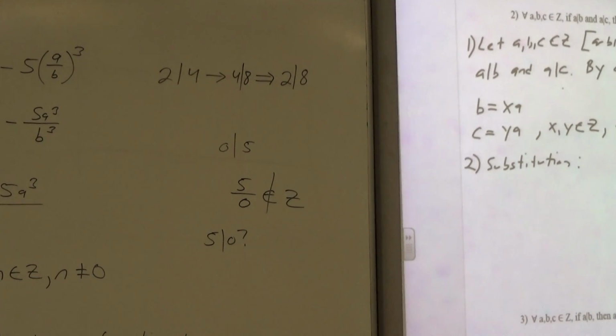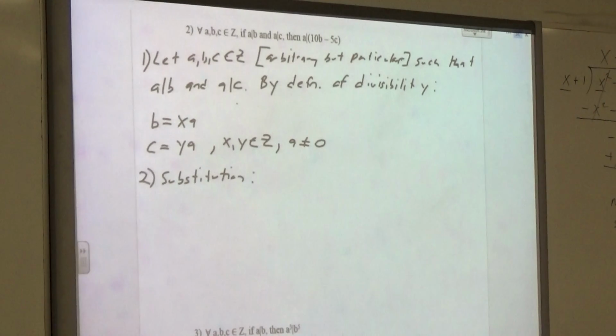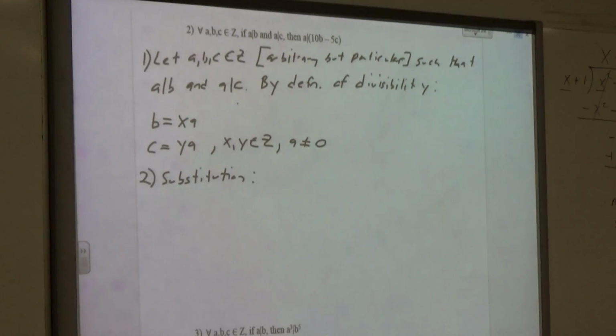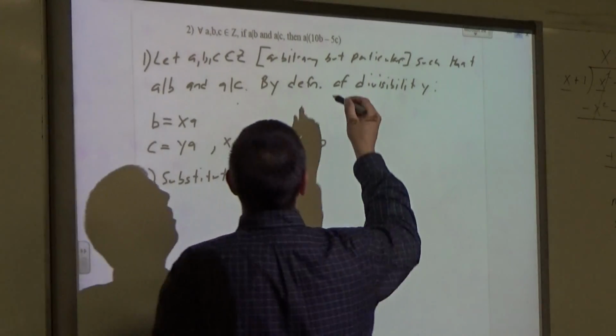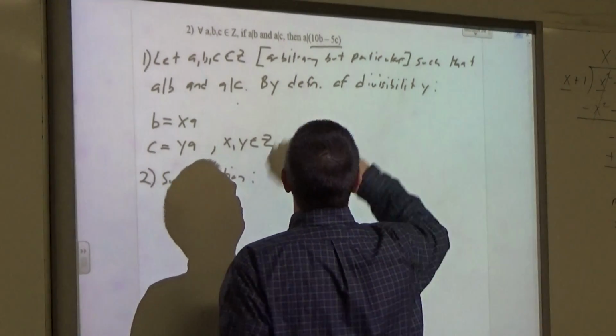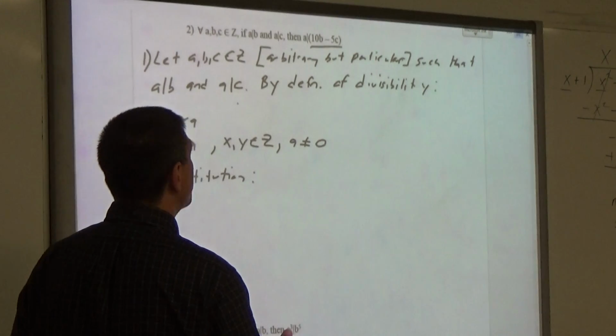All right, by substitution, what are we substituting into, guys? Again, the best thing to do, guys, is look at the right-hand side of whatever it is that we're trying to solve, or trying to prove.